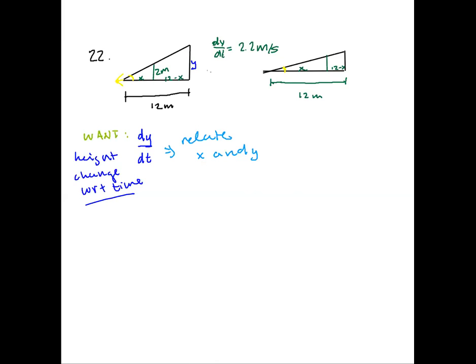And so if I have 2 triangles, one that looks like this, and one that looks like this, they're a little wonky just because of the way that I'm drawing, but this is 2.